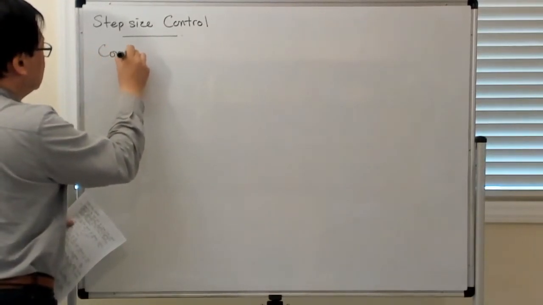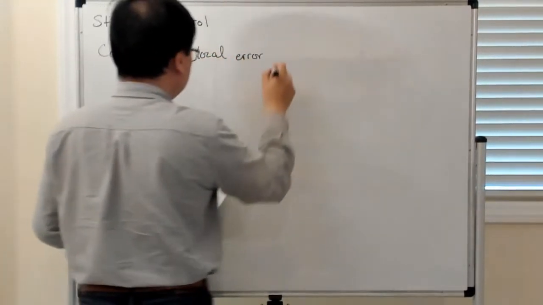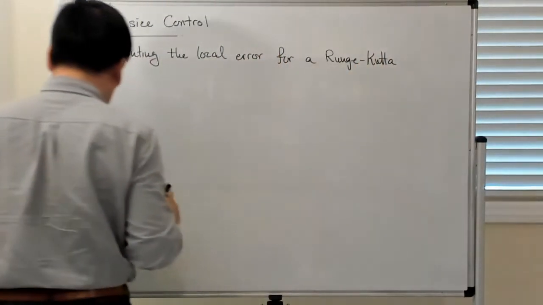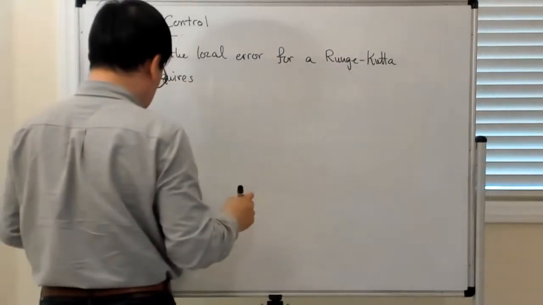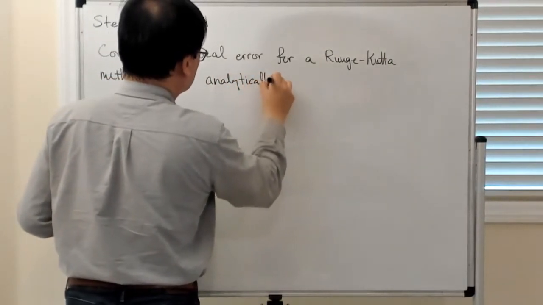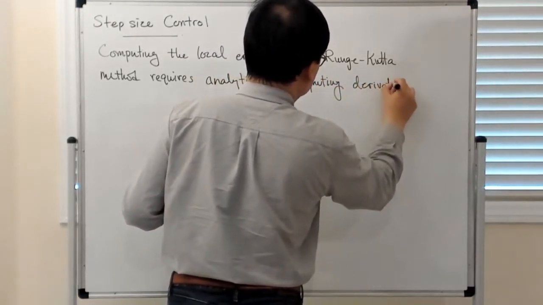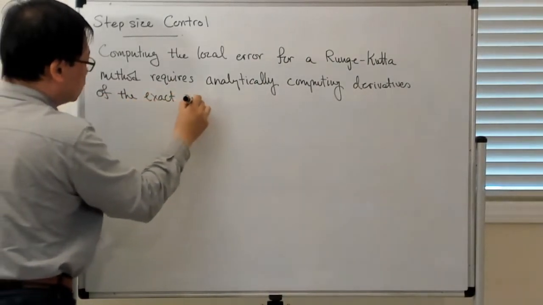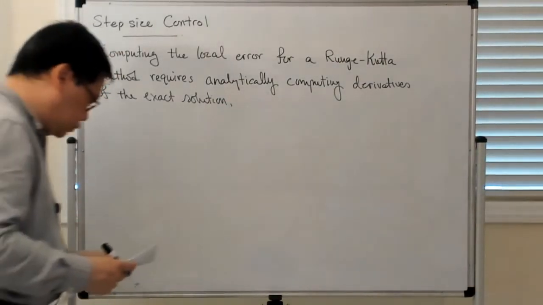So computing the local error for a Runge-Kutta method requires computing, analytically, derivatives of the exact solution, which of course involves implicitly differentiating the differential equation.